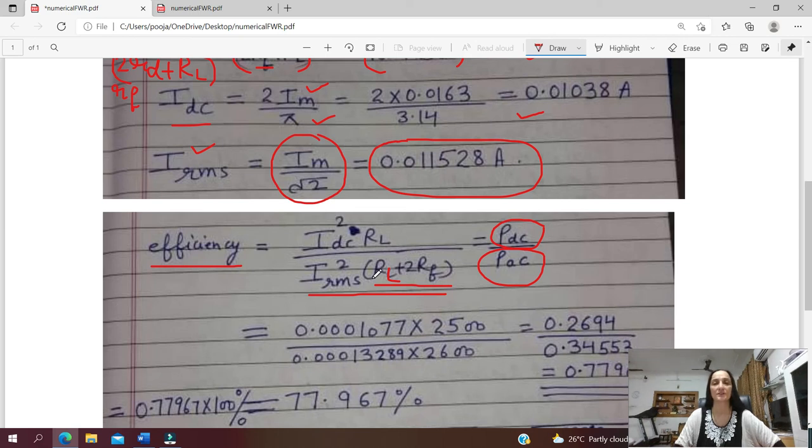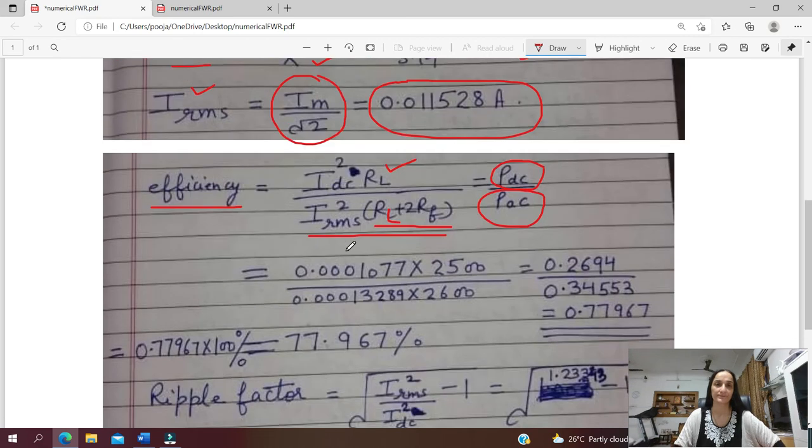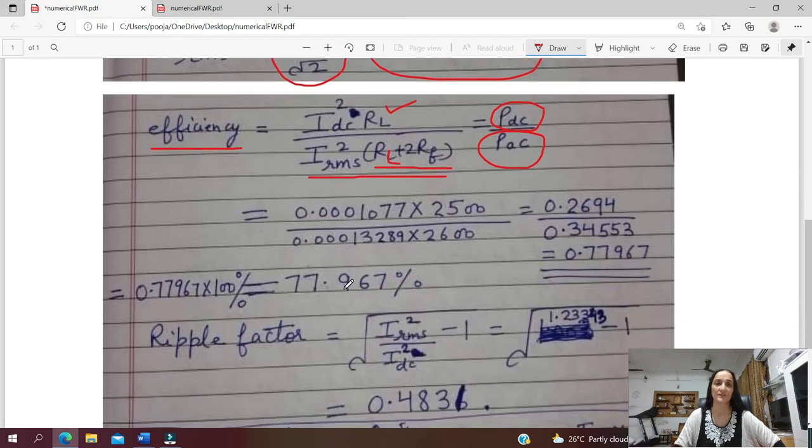The output DC power delivered to the load, as it is a pulsating DC and not a pure DC, is equal to IDC square into RL. We take the average value of that full wave rectified current. So efficiency comes out to be 77.967%. We have to multiply it by 100 to calculate the efficiency in percent.